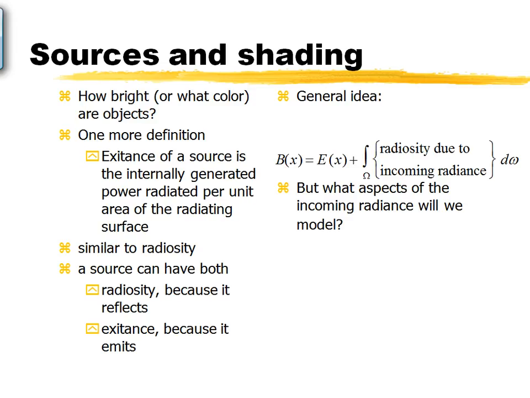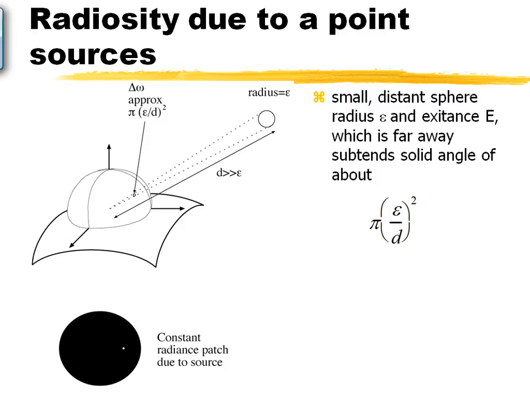So what aspects of it do we truly try to model? Right? Because there are so many things that affect the energy emitted from an object. Well, we can try to define radiosity that is due to a point source, first and foremost, right? We can just assume that the illumination source is very, very far. As a result, it's going to provide an energy that is defined within some narrow cone of light and become a point source at some point.